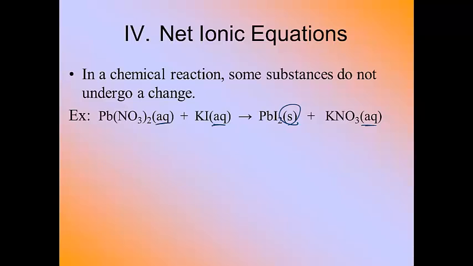So we can actually rewrite this reaction to eliminate things that stayed aqueous from left to right, things that did not undergo a change. So if we eliminate the potassiums because they didn't undergo a change, and we eliminate the nitrates because they remained aqueous from left to right, we actually end up with a reaction that looks like this.